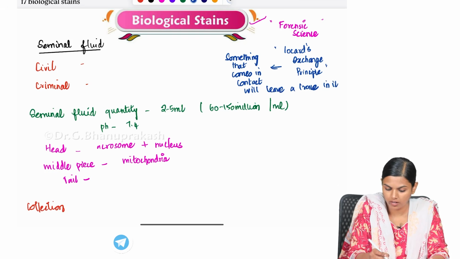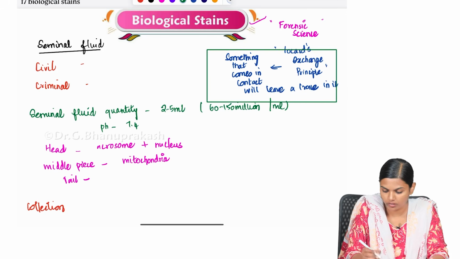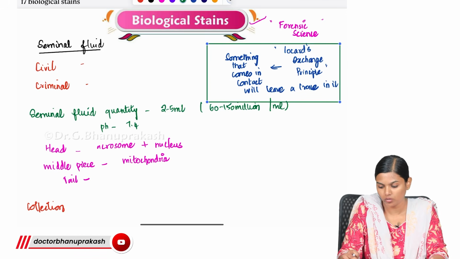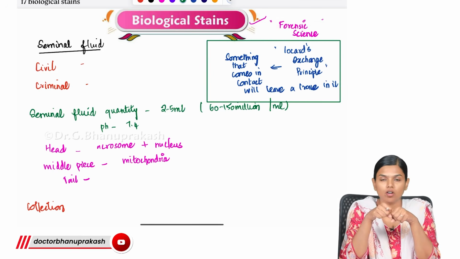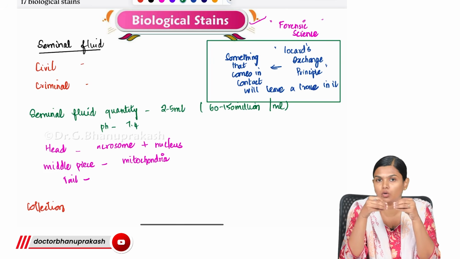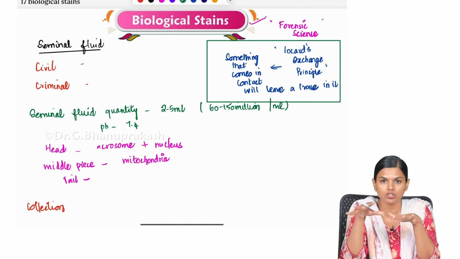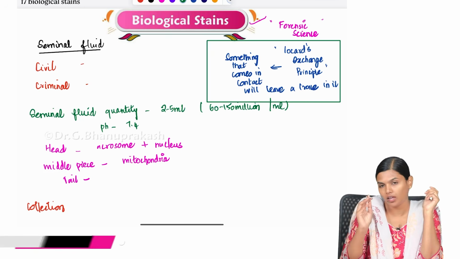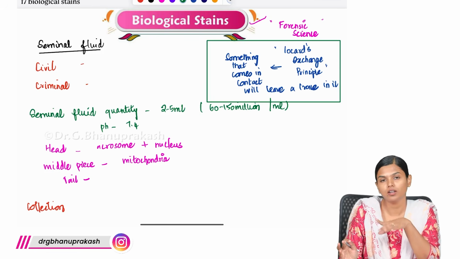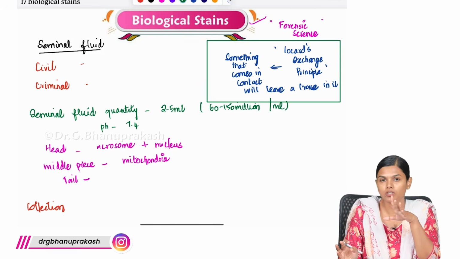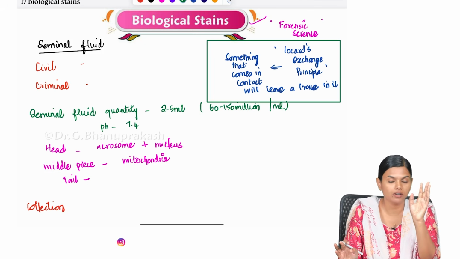This is the basic idea behind this whole thing. If two objects come into contact, both objects will leave some sort of trace in each other. Object A will leave a trace in object B, and B will leave its own trace in object A. Based upon this principle, we do all this sample collection, preservation and testing.